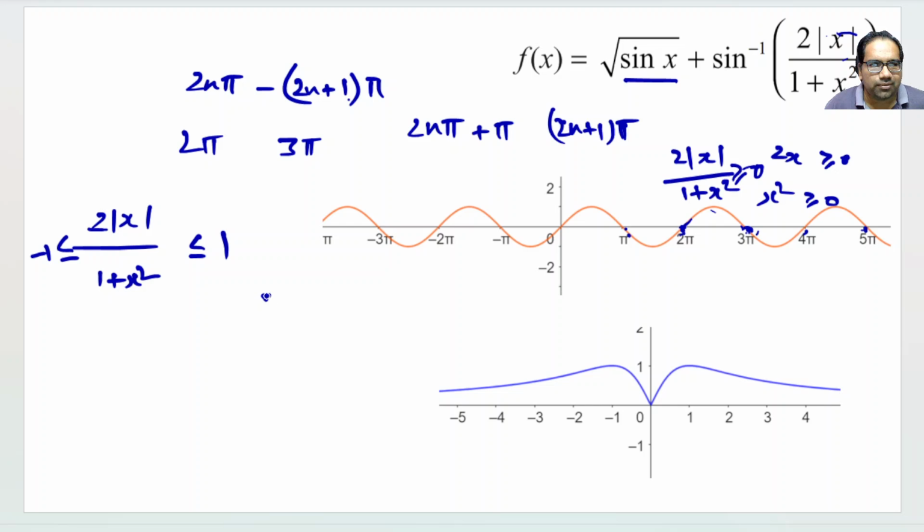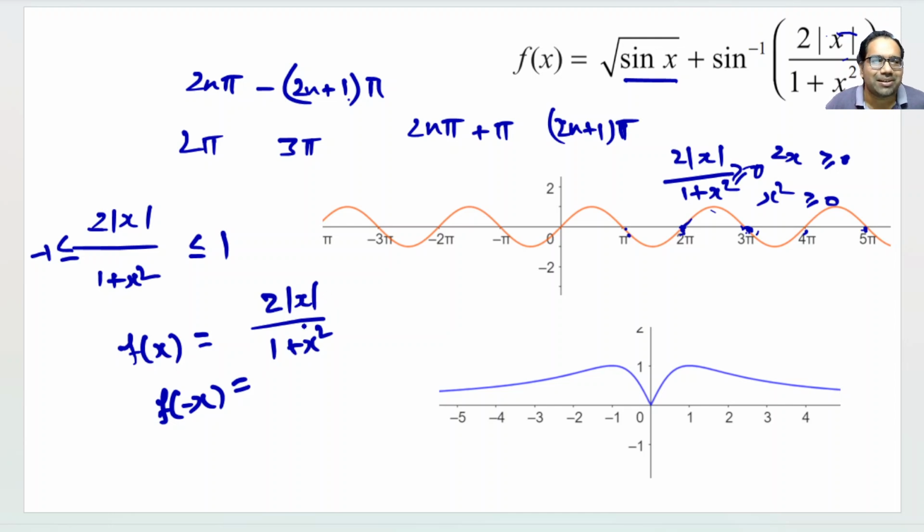At the same time, 2 into absolute value of x by 1 plus x square is an even function, right? f of x equal to this, and f of minus x is also equal to this only. Even if x is 2, it will be 2 into 2, and if x is minus 2, then also it will be 2 into 2 because there is absolute value.